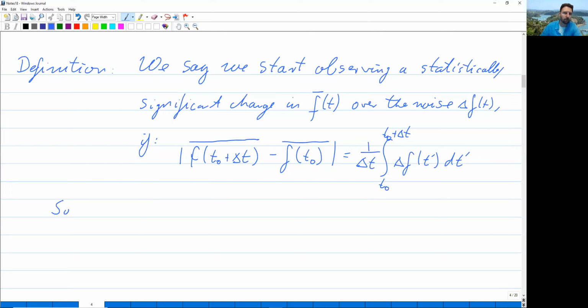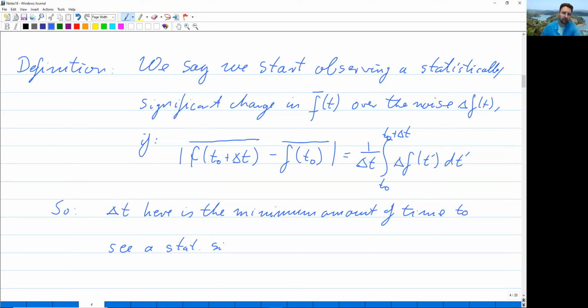So this means that delta t here is the minimum amount of time to see a statistically significant change in f bar of t, starting from t naught.